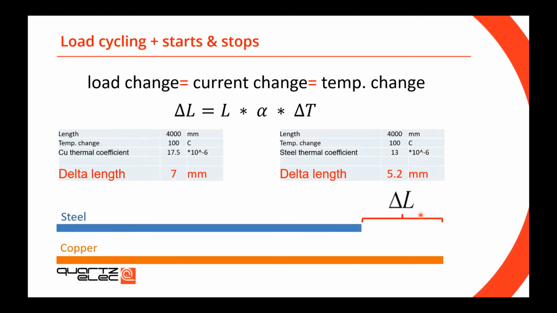Then every time you start up the machine, everything heats up by another 100 degrees and everything expands. And you have that cycle, expansion, contraction, and with time, these materials, due to the different thermal coefficient, will get damaged. So this is again one of the main causes of interturn problems.